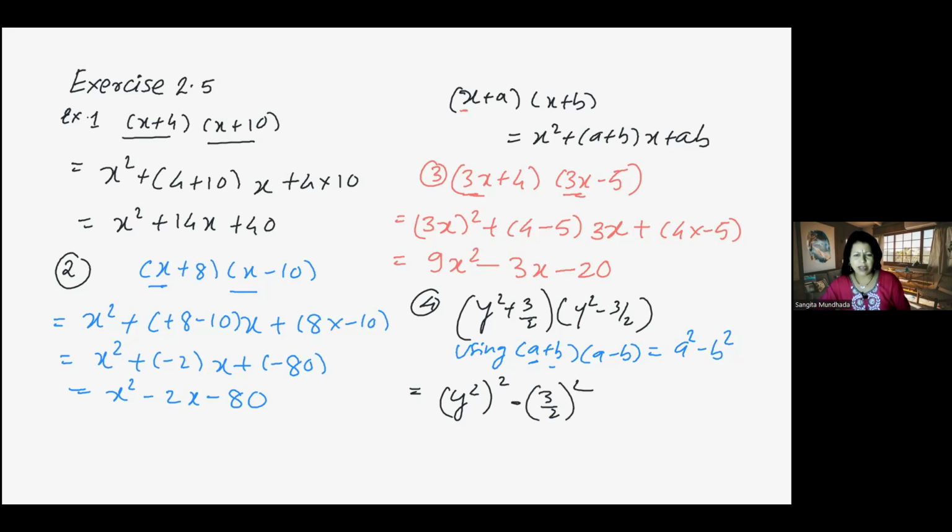Final answer: y raised to 4 minus 9/4. Then last question, question number 5, (3 - 2x)(3 + 2x). Using the identity (a + b)(a - b), 3 square minus (2x) square is equal to 9 minus 4x square.